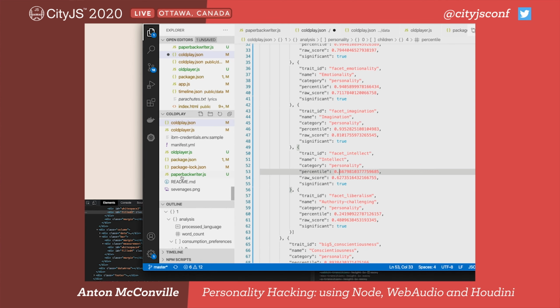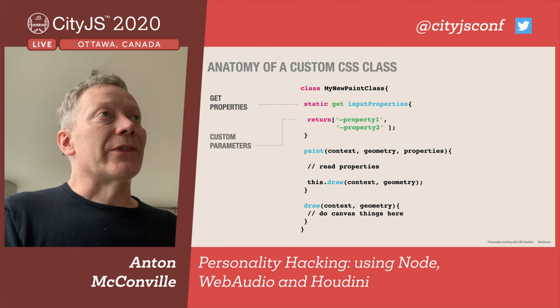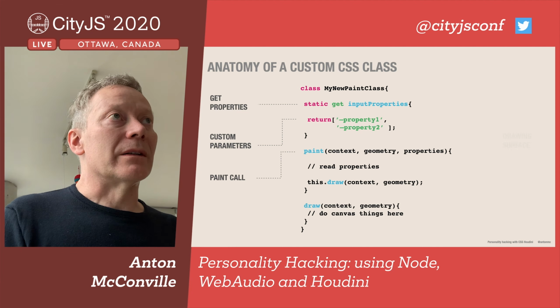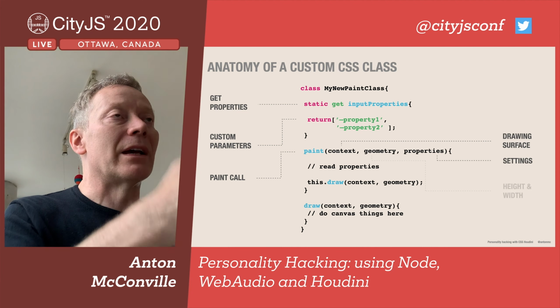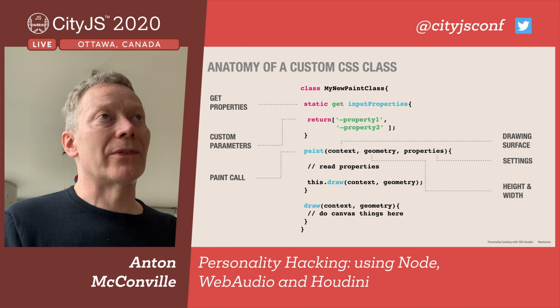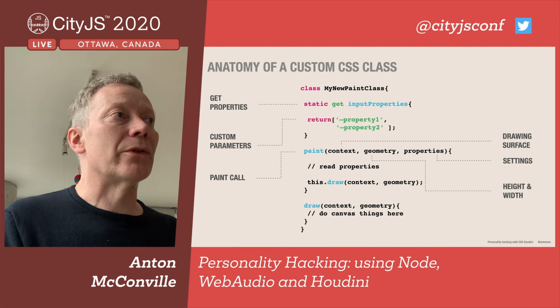When you start to look at the code for that, this is a sort of anatomy of the CSS class. You've got a class where you declare the name of it. And then you've got your input properties. So in my case, in the stripes, I had input properties for the gap between the stripes, the width of the stripes themselves, the color of the stripes. And then there's this paint call.